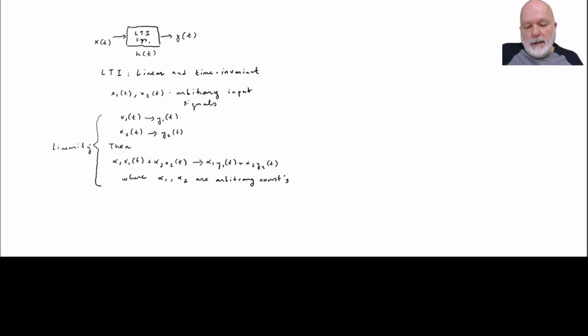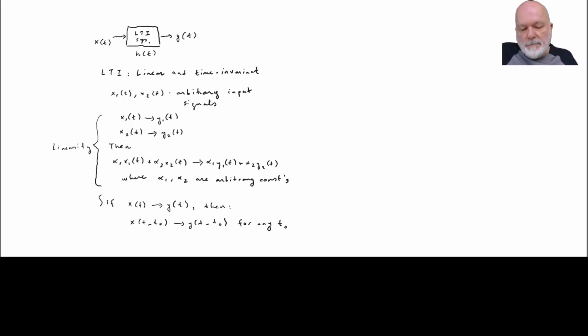And for time invariance, remember, if x of t gives us the output y of t, then x of t minus t0 gives us y of t minus t0 for any arbitrary t0.